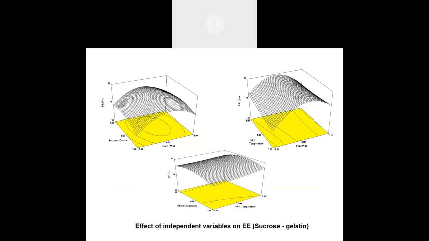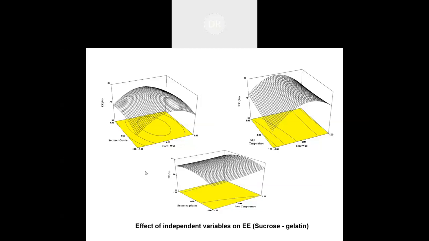If you consider the encapsulation efficiency of sucrose and gelatin, you will find that the optimum is a core to wall ratio of 1 to 4, an inlet temperature of 180 degrees centigrade, and a sugar to gelatin ratio of 7 to 3. Then you will get more encapsulation efficiency and encapsulation yield.